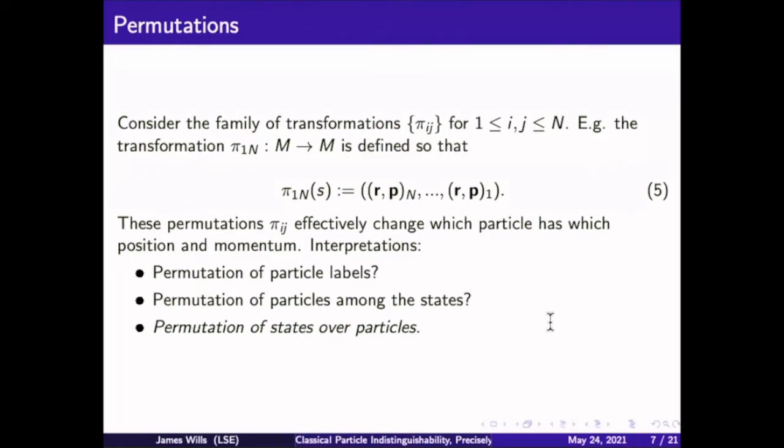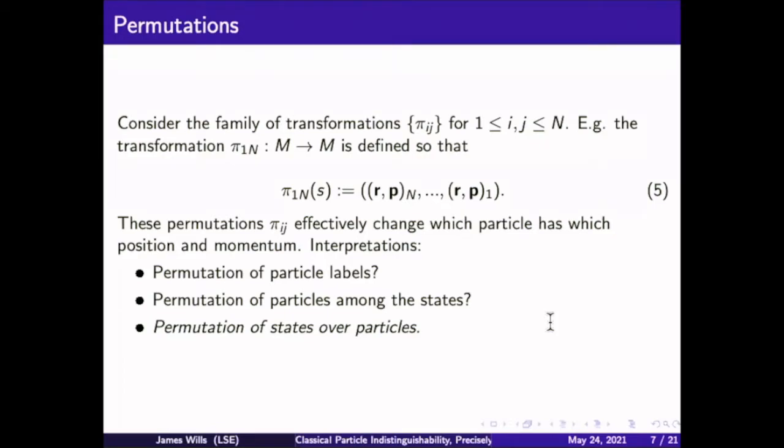My reason for this is that I'm interpreting each slot in this representation of the phase point as a particle, and the pairs of numbers r p, which are being permuted among these slots, are the single particle states of those particles. So they're going to be permuting single particle states over the slots, i.e. over the particles.